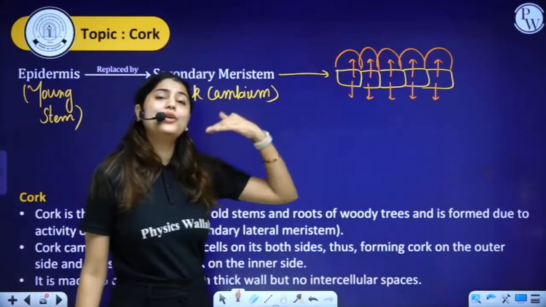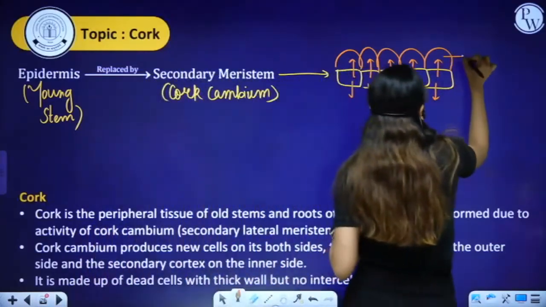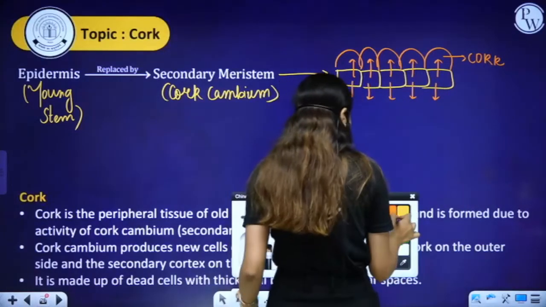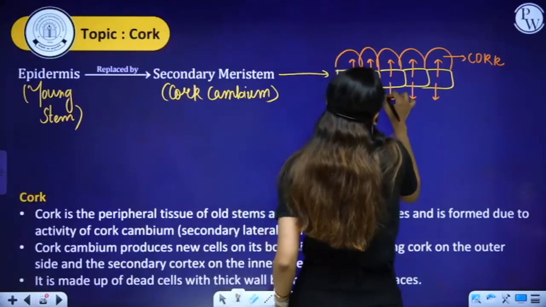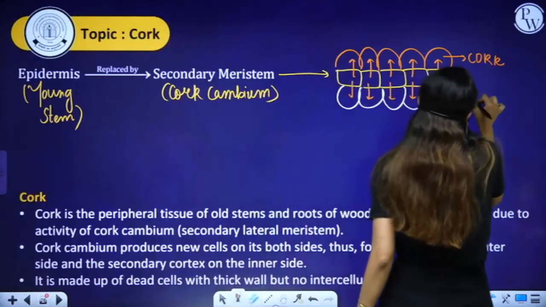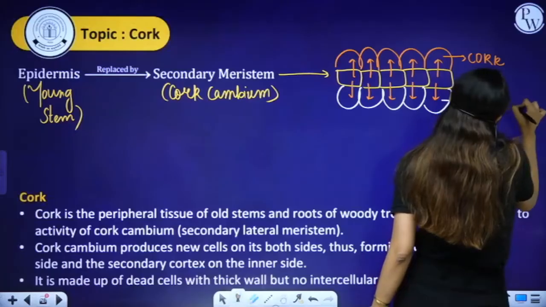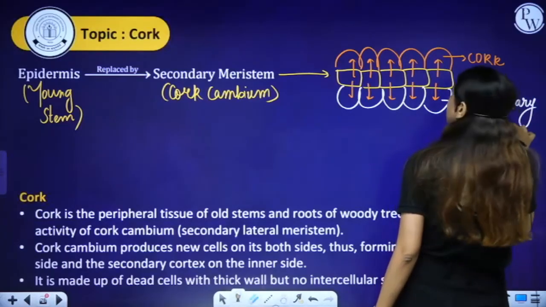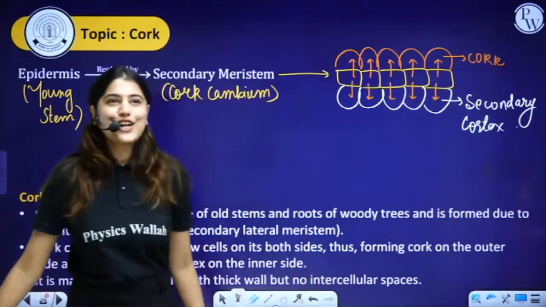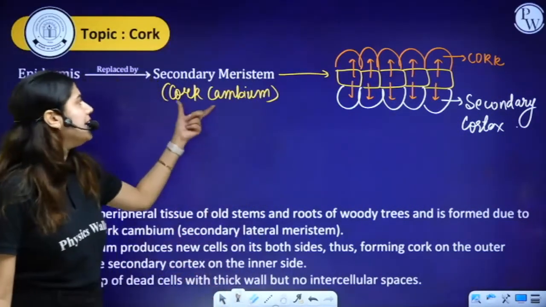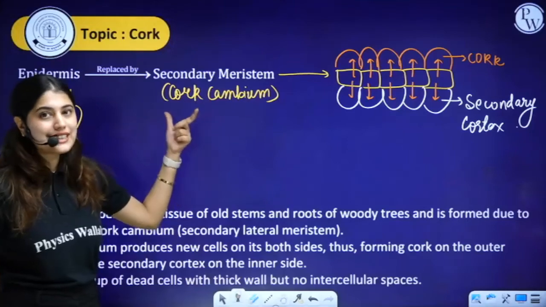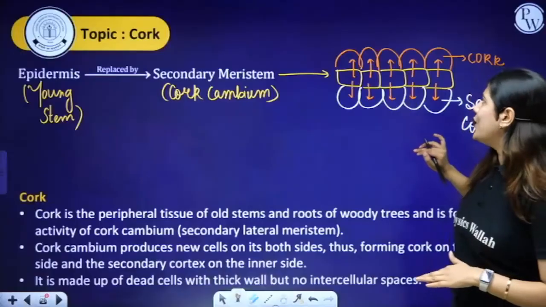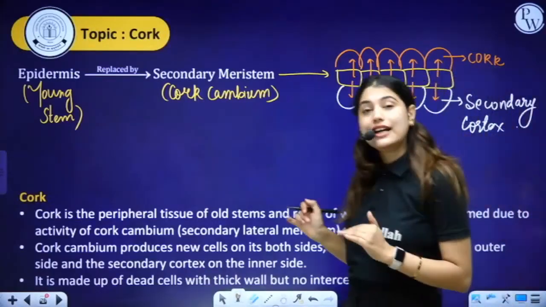The cells formed on the outer side are called the cork, and the cells formed on the inner side are called the secondary cortex. So simply, a secondary meristem is one which is adding cells on the outside as well as on the inside. Outside cork, inside secondary cortex.